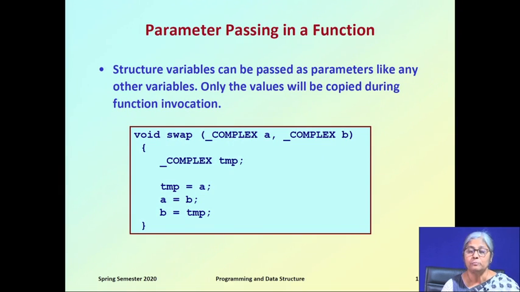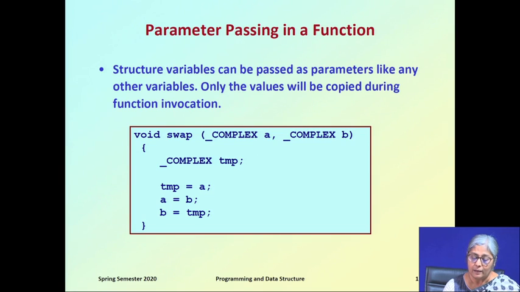Now, if we want to swap the two variables a and b, both of the same complex type, we call a swap function that has two arguments, complex a and complex b. Here complex, if we remember, is a data type like int.